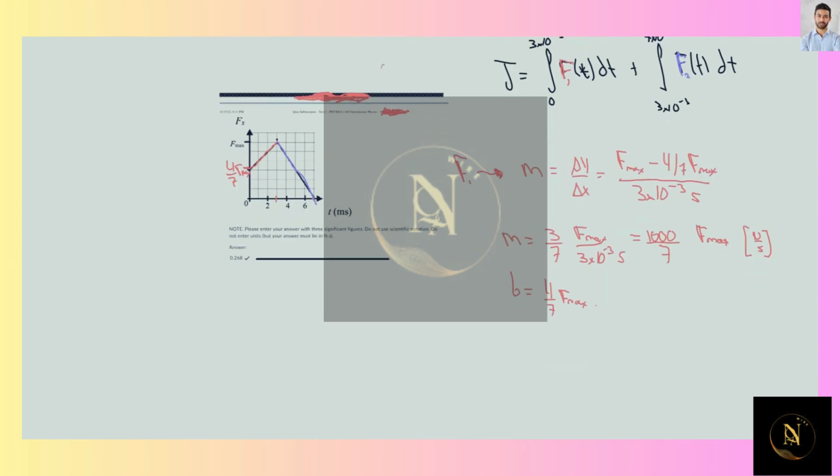So the equation for force 1 would be of the form y equals mx plus b, in which we get 1000 over 7 maximum force times t plus 4/7 of maximum force.